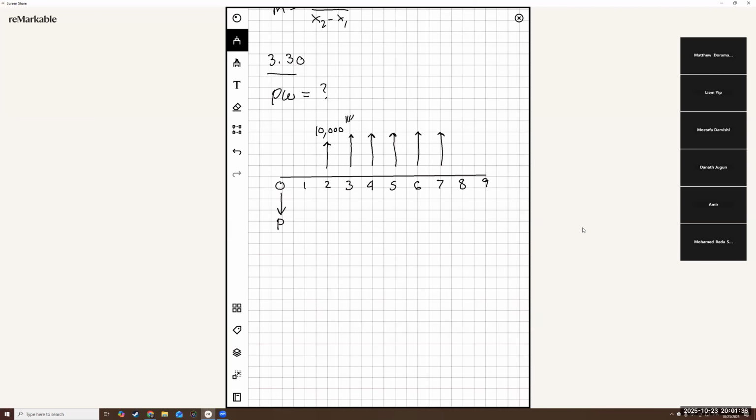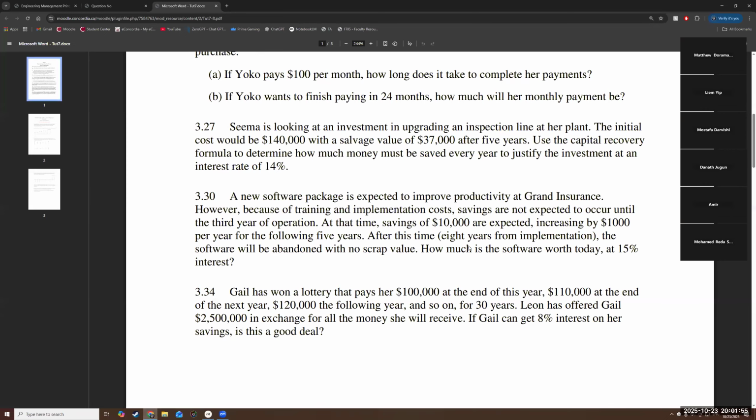So this one will be 11,000. This one will be 12,000, 13,000, 14,000, and then 15,000 on the 7th year. Okay. So far, does this time scale make sense to everyone? Does everyone understand how this time scale was interpreted from here?